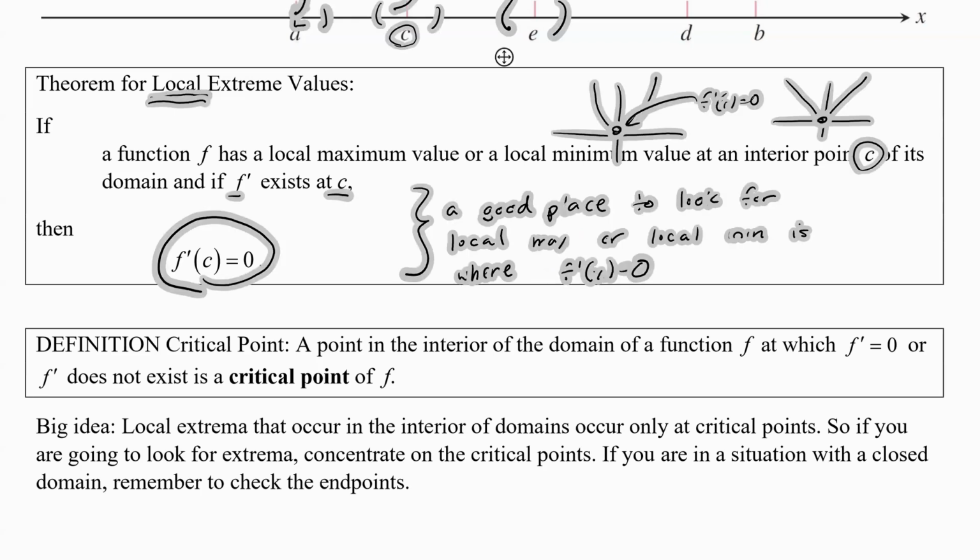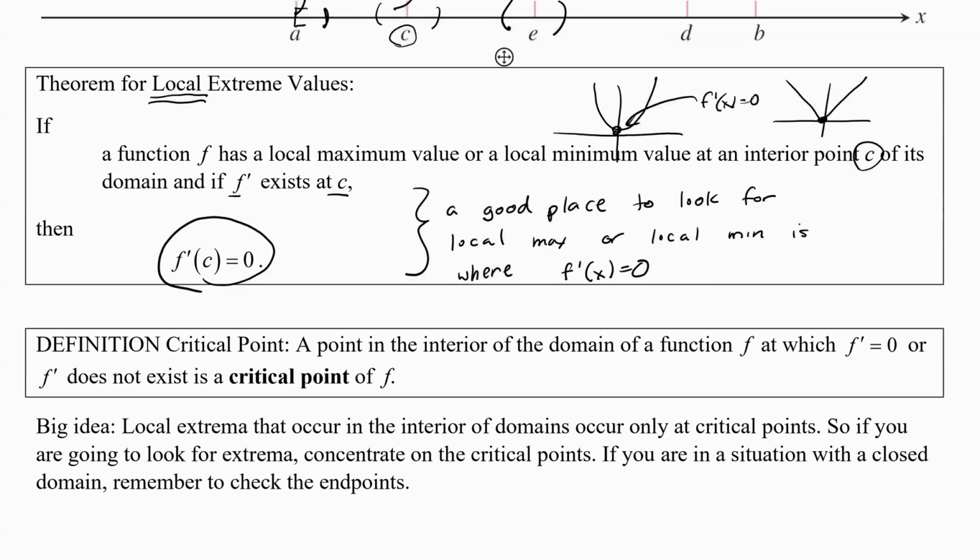So maybe we can extend this and say, or places where f prime of x does not exist. And that's exactly what we're going to do. We're going to define those places where the derivative is 0 or the derivative is undefined as this thing called a critical point. A critical point for some function is a place where the derivative is 0 or where the derivative doesn't exist.